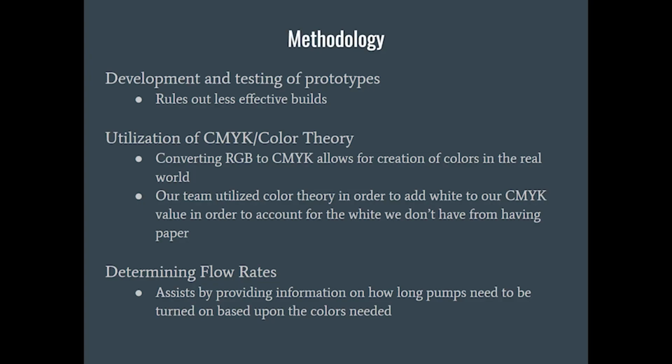We utilize color theory to add white to our design, because the CMYK model does not use white, it uses a blank sheet of paper as the background. So we developed a new equation to come up with that white value. Based on this information, we were able to build a data frame in which we used the flow rates we had previously determined to calculate how much each pump needed to be turned on based upon the colors needed.